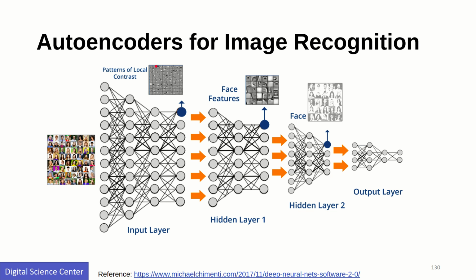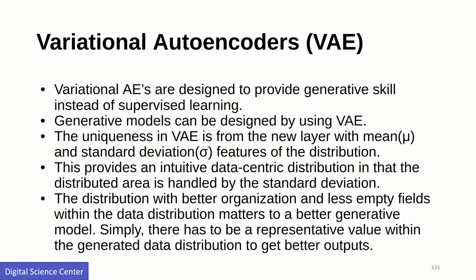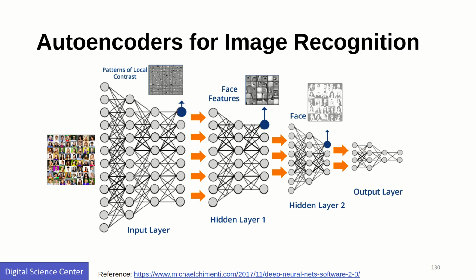In the hidden layer, it tries to understand certain features in the face. You have eyes, nose, a mouth, and other features. In another layer, the characteristics of the overall face are identified. Likewise, an autoencoder can be used for image recognition as well.